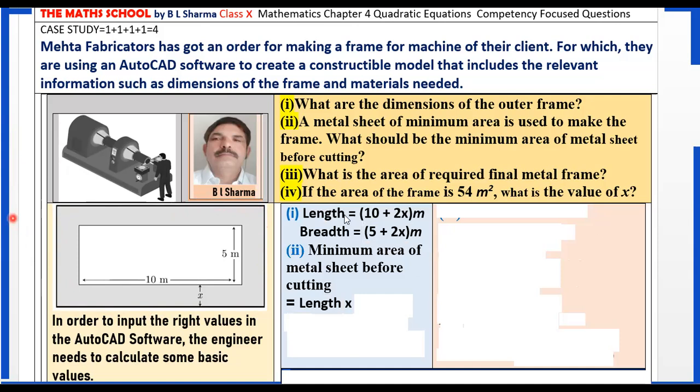And you already have calculated length is 10 plus 2x and breadth is 5 plus 2x. 10 plus 2x multiplied by 2x plus 5, and again multiply, that is 4x square plus 30x plus 50 meters square. So the area of this whole frame is 4x square plus 30x plus 50 meter square.